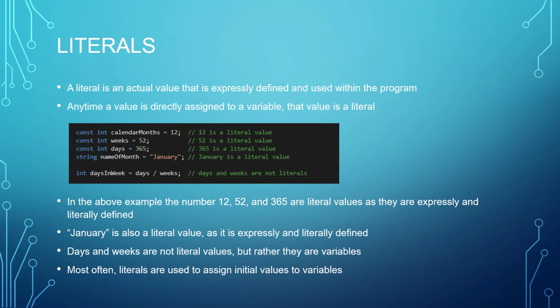Those were all examples of numeric constants. Now the same thing is true here. We declare a string. This is not a constant, but we just declare a string, and we name it name of month, and we assign to it the word January. Well, January is a literal value, so that is also a literal.